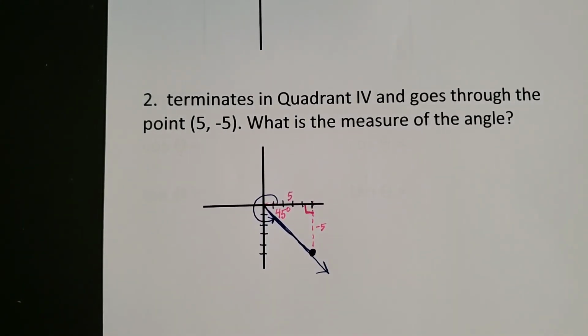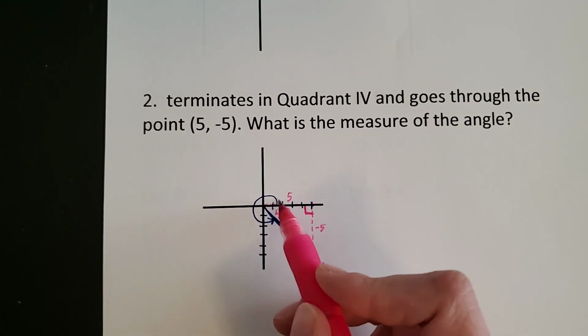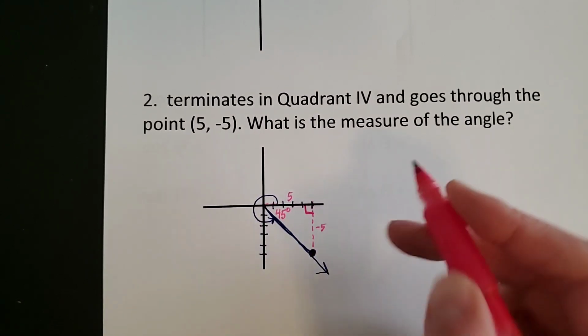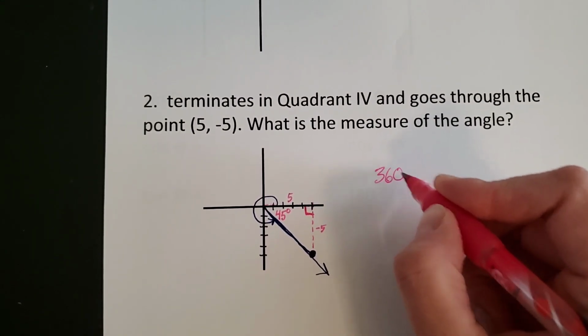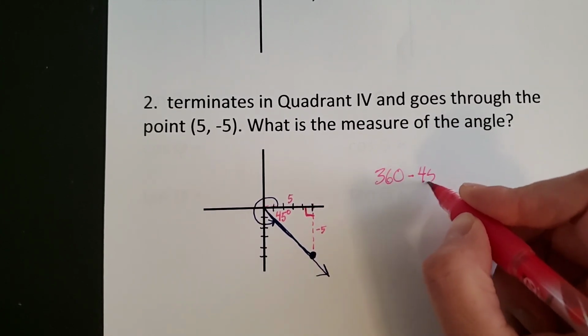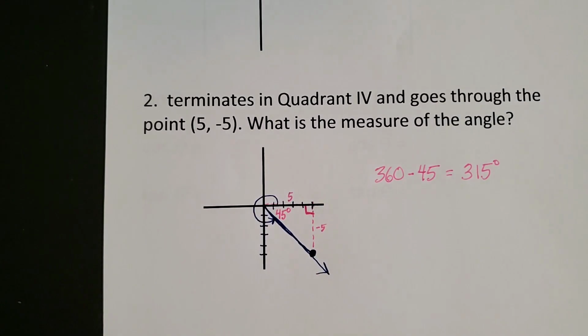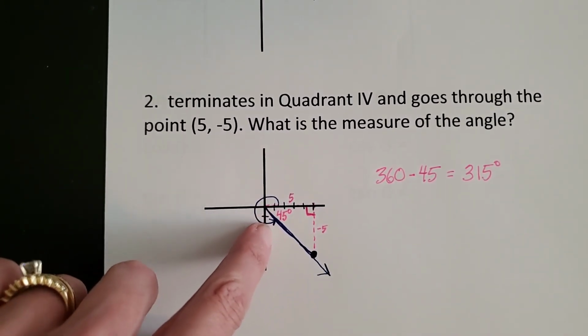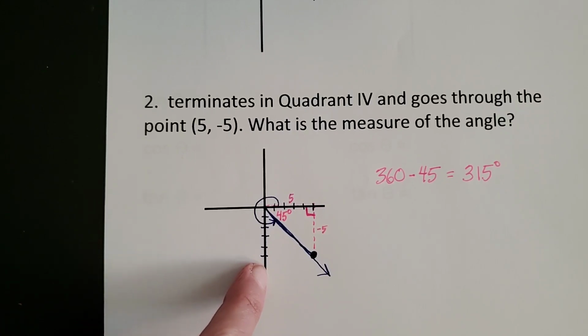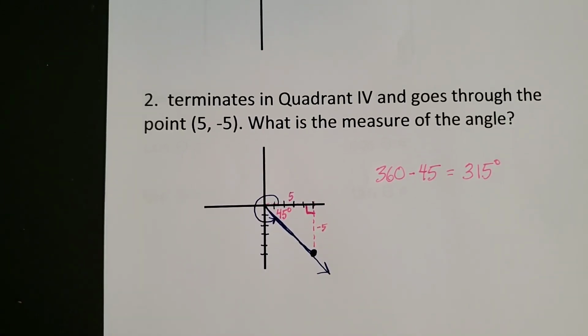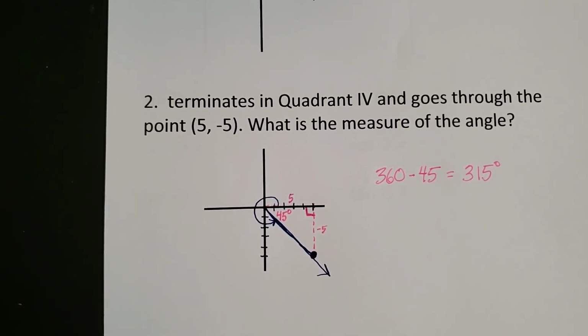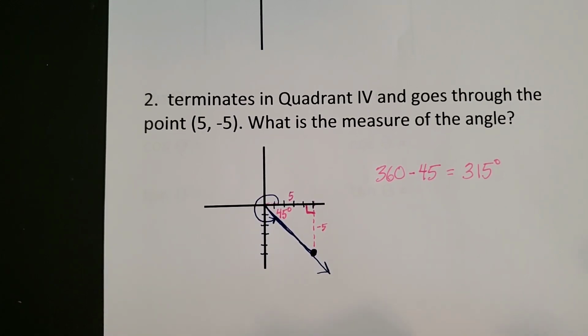Well, there are a couple of different ways I can find this angle, but I know all the way around would be 360, but I'm stopping 45 before that. So it would be 315 degrees. Now you could do the same thing. Well, if that's 45, this is 45, and 45 past 270, you can do that as well. Multiple ways to come up with that angle of 315 degrees.